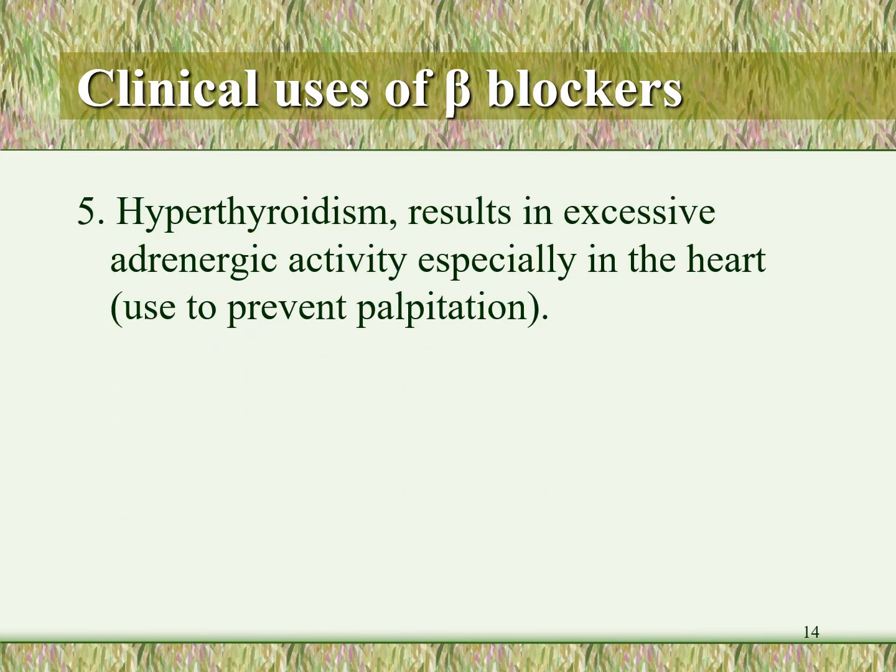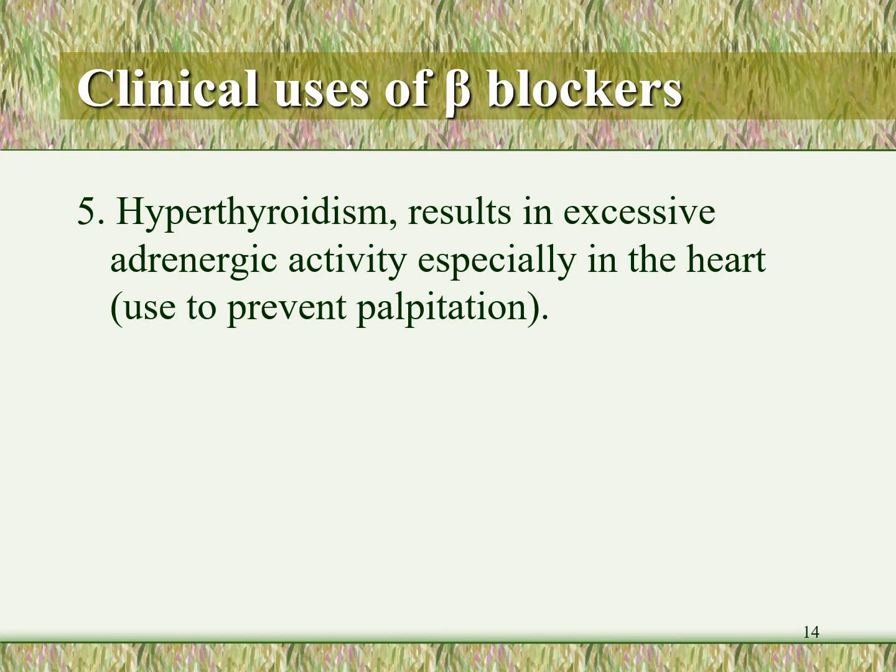Also, the beta blocker can be used for treatment of hyperthyroidism, exactly to decrease the symptoms of hyperthyroidism, especially the palpitation. Usually, patients that suffer from hyperthyroidism suffer from palpitation. And why does palpitation occur in hyperthyroidism?